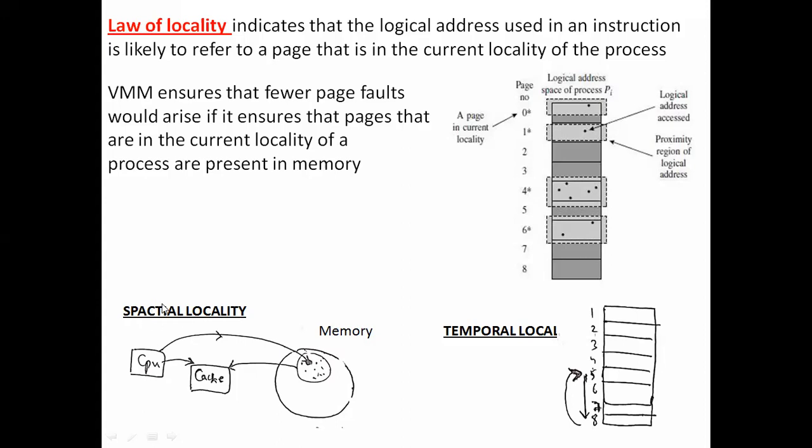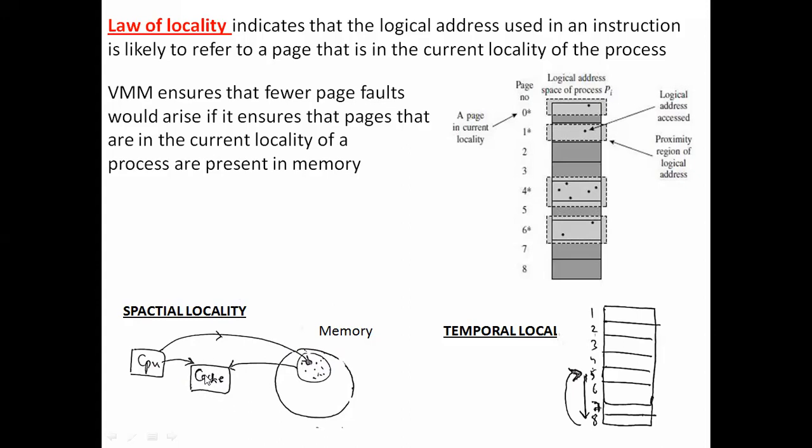And what about spatial locality? Spatial locality refers to the access of, say, one address, meaning that in the near future I may be accessing the neighborhood addresses in the address space available for a process. Hence, what we do is store the nearby addresses also in the cache memory, where the CPU can access these addresses in a much faster way.